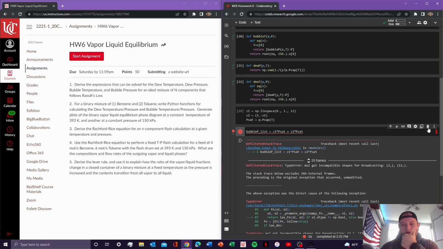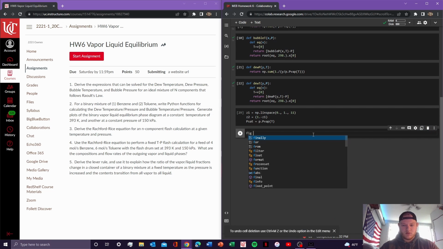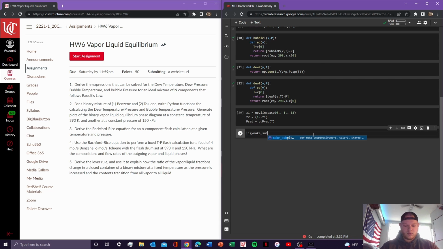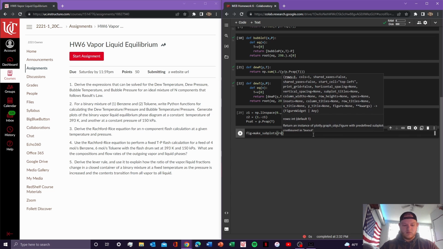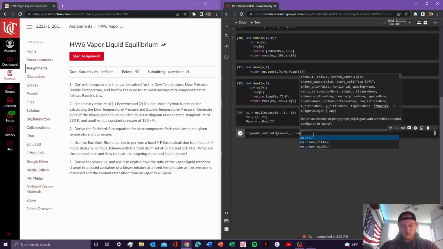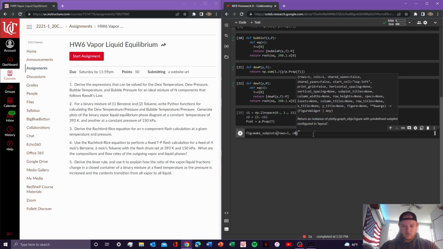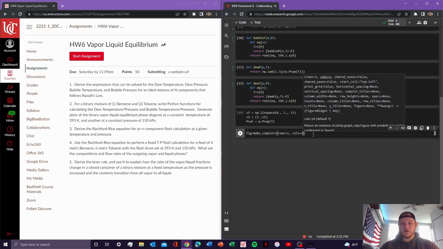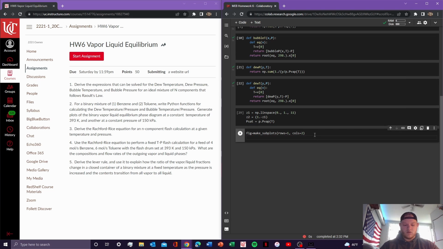Alright, I'm going to think of what's wrong with this, so I'm just going to do some other stuff here. Make subplots. We need 1 row and 2 columns, because we're going to have 2 graphs.